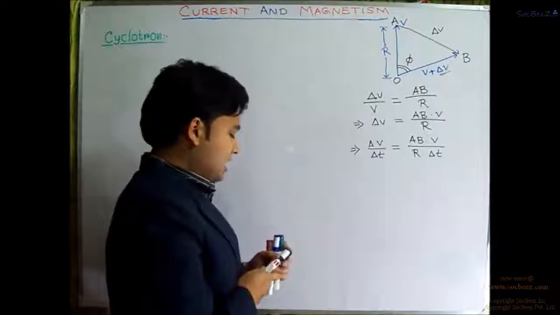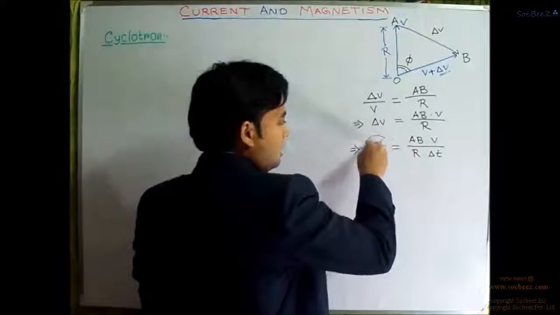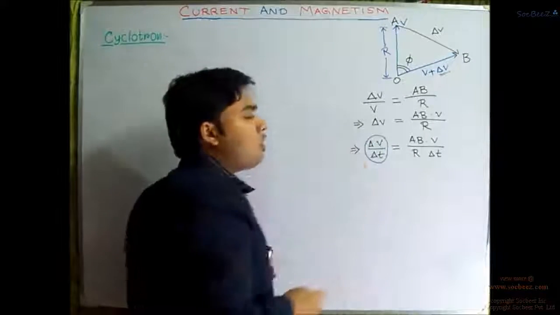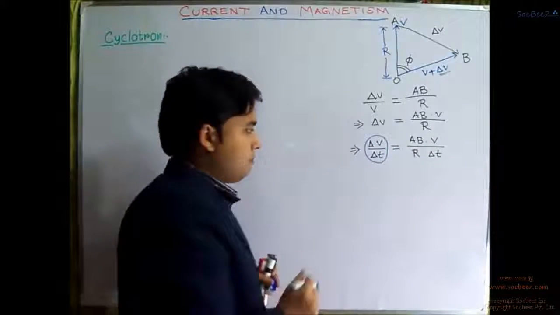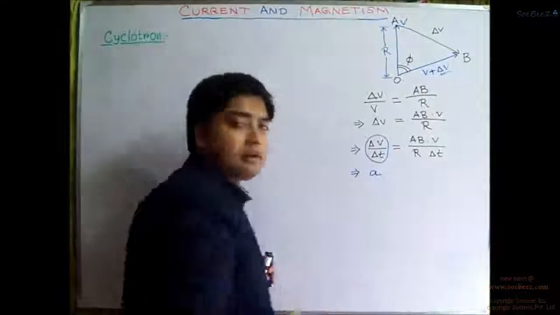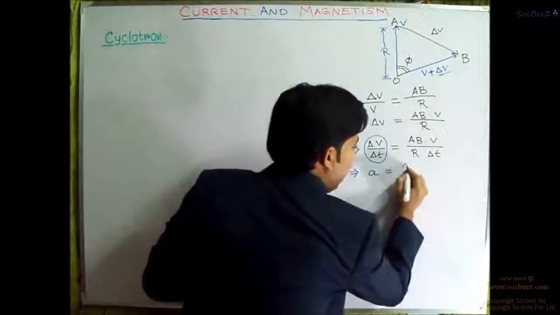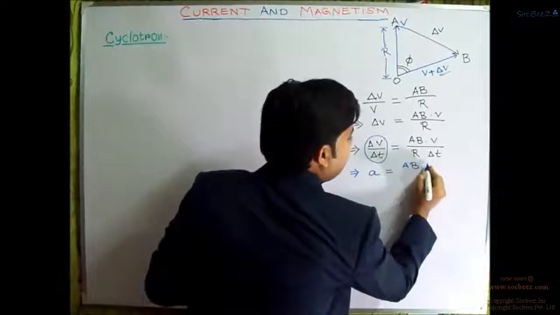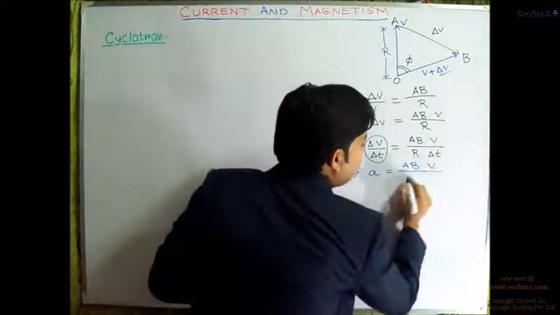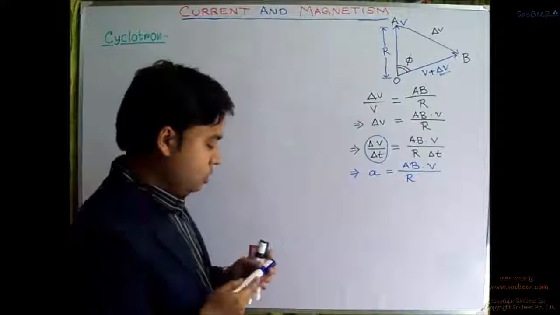Now what is basically del V divided by del T? It is the rate of change of velocity with respect to time. So simply this will be the acceleration, A, right? Which will simply be equal to AB multiplied by V divided by R.